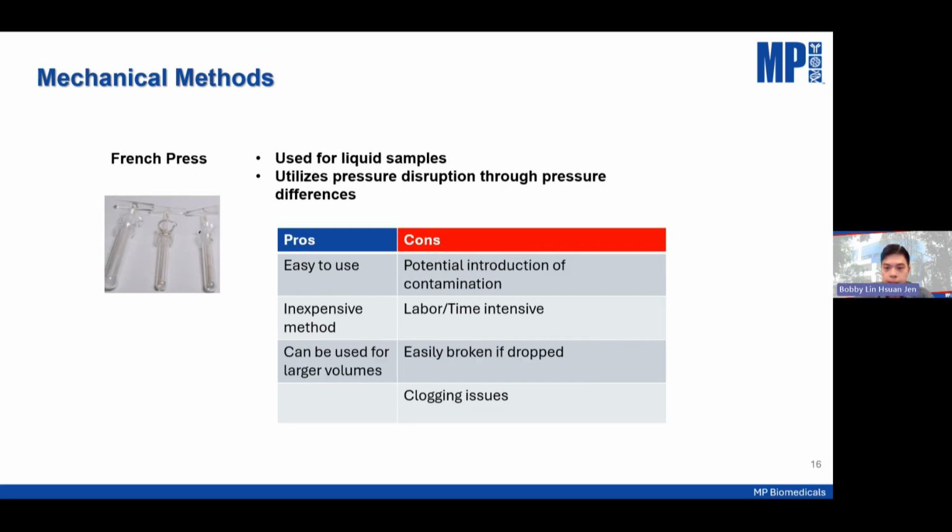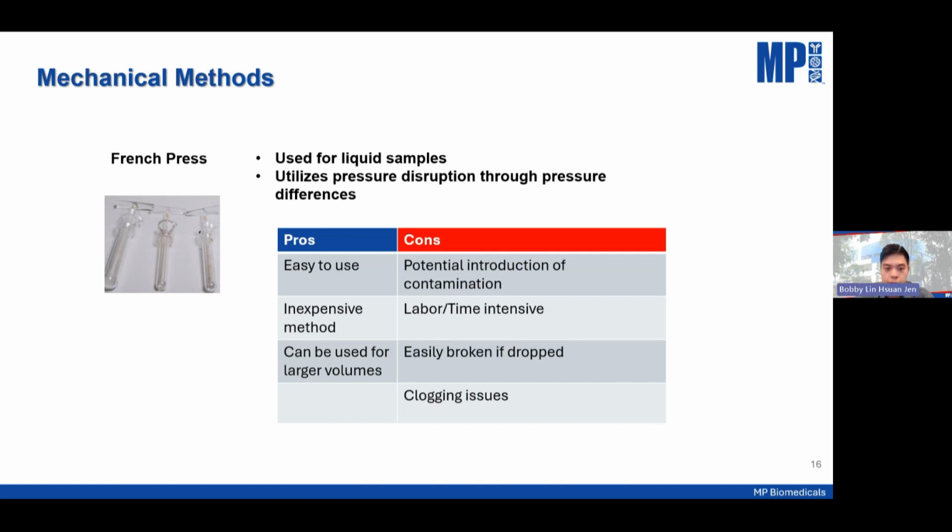Okay. Next is the French press. This is similar to the glass tubes that was just mentioned. For this, again, we're always focusing on easy to use and inexpensive, but it always comes down to the disadvantages.